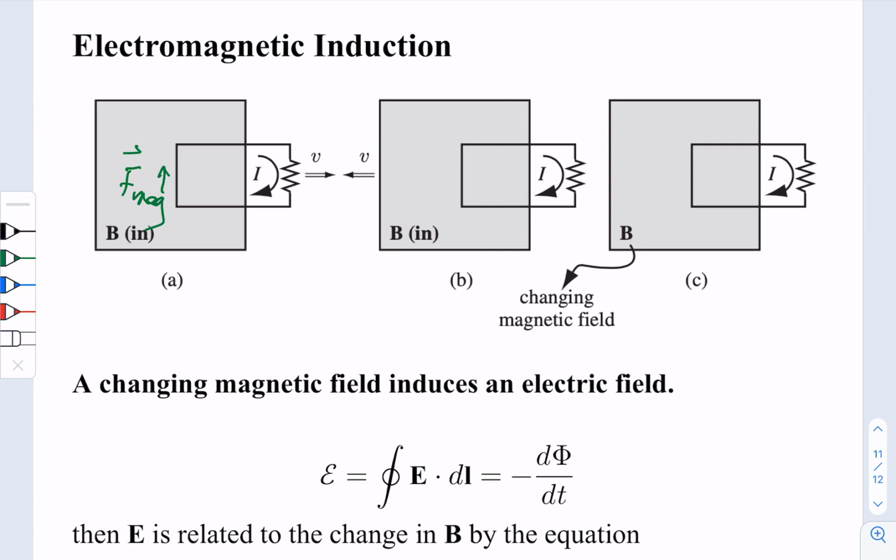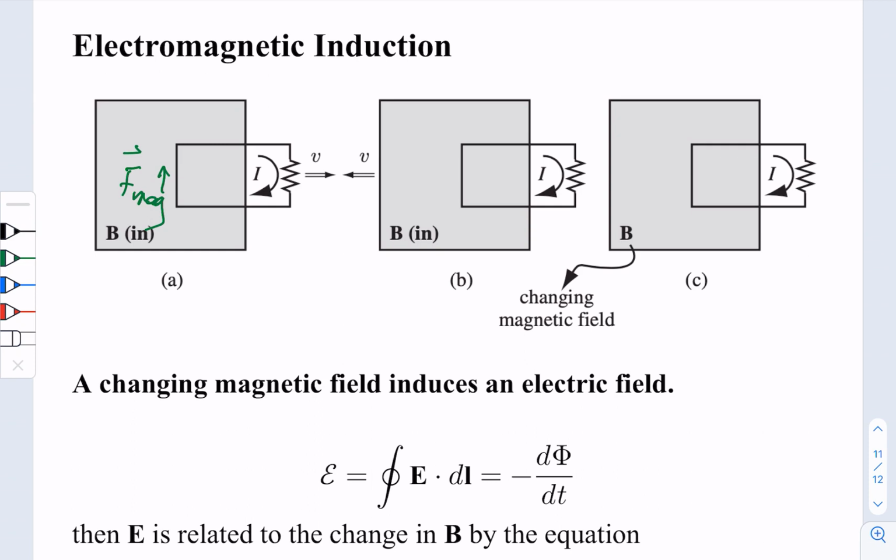Say that on the left hand side we observe the current loop by an observer at relatively zero motion with the current loop. On the right hand side, we can still do the same, and what we observe should be identical physical results. So we should expect some change of this EMF and also the change of induced current. But the physical origin of this current is no longer the magnetic force.